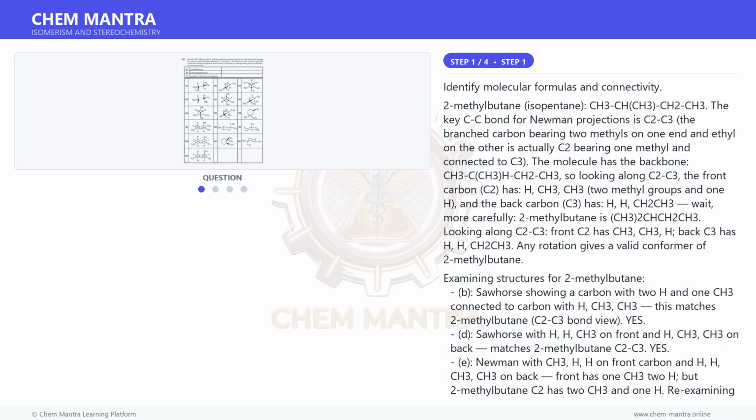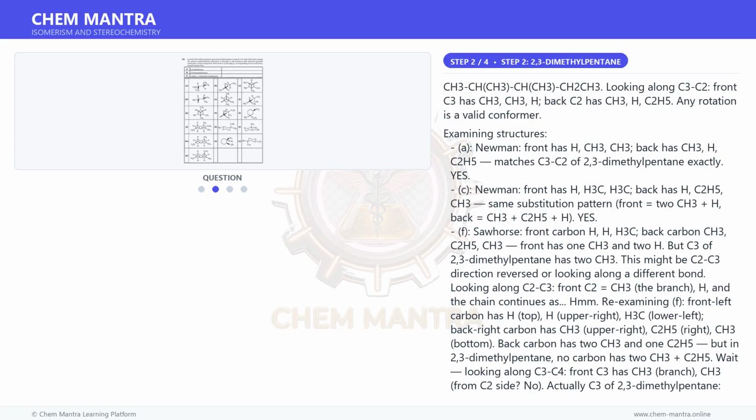But C3 of 2-methylbutane is CH2, which has two H and connects to C4, which is CH3. So front C3: H, H, CH3, where CH3 represents the C4 methyl. This is valid. Yes. Structures B, D, E are conformers of 2-methylbutane. Answer A equals B, D, E.